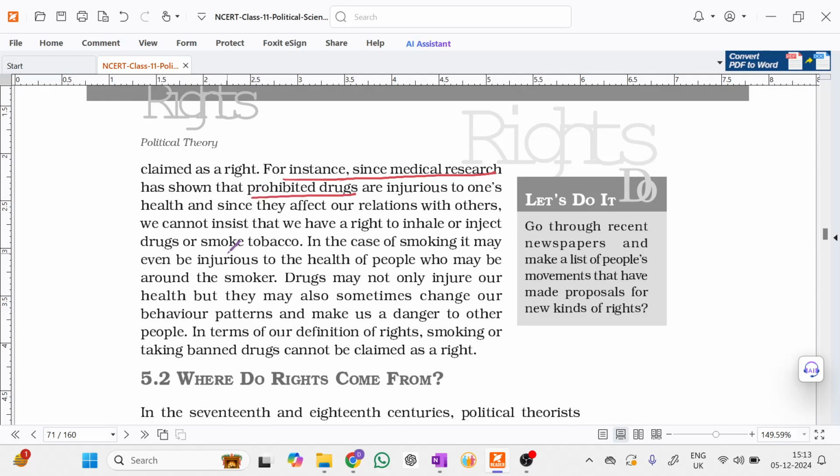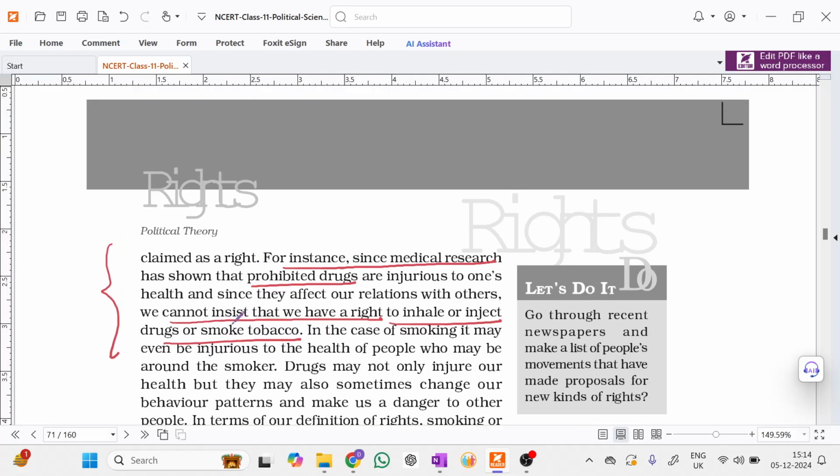It is the use of prohibited drugs, the consumption of prohibited drugs or alcohol. So we know that the consumption of drugs and alcohol is injurious to one's health. So we cannot insist that we have a right to inhale, inject drugs or smoke tobacco. So smoking or drinking or taking drugs, these cannot be cited as rights.